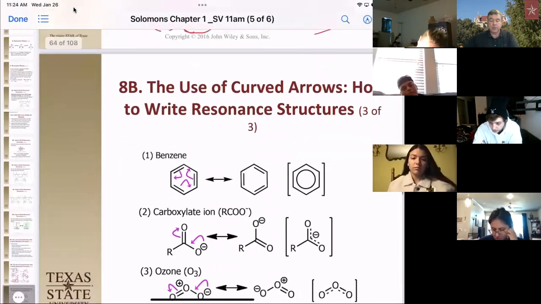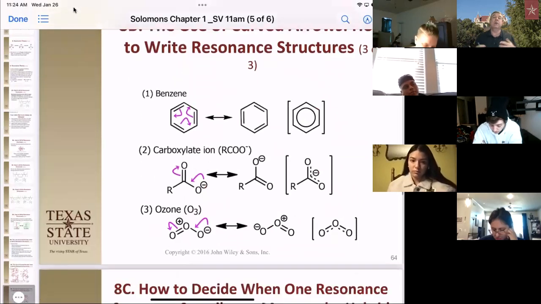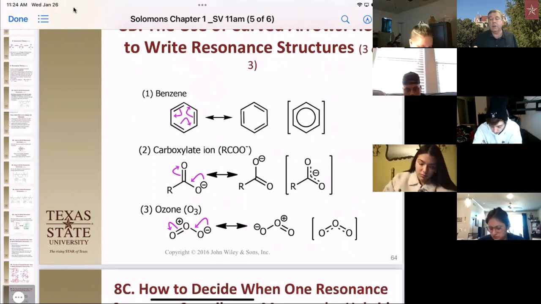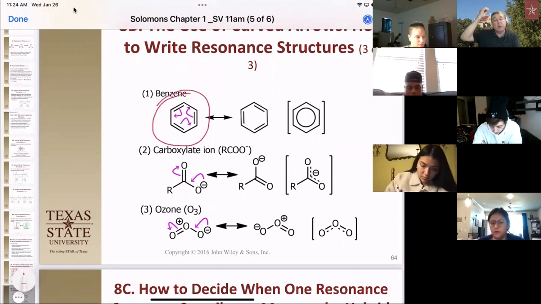Okay, so we can use this in a number of ways, and we're going to use this a lot through both our first half of organic, but we're also going to use it a lot in the second half of organic. So let's think about a couple of the weird structures we have. In the case of this, we just have single and double bonds between carbons right here.